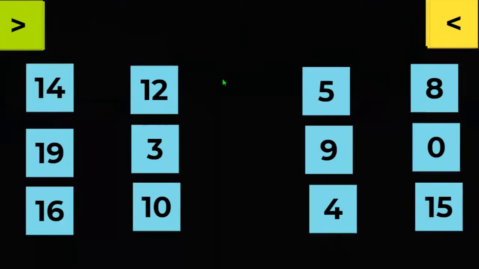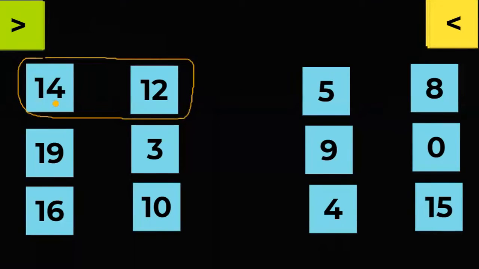Now let's practice. This time, we're not going to be using members or objects. We're going to be using numbers. So we're going to use now the greater than sign and the less than sign to compare these numbers that we have here. Remember that if the set begins with a greater number, then you must use the greater than sign.